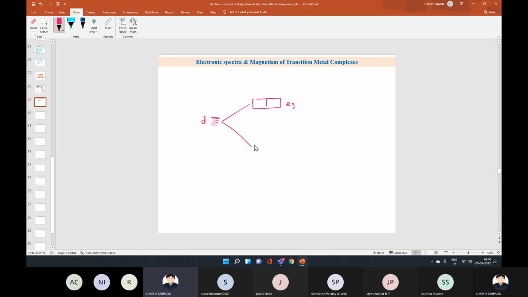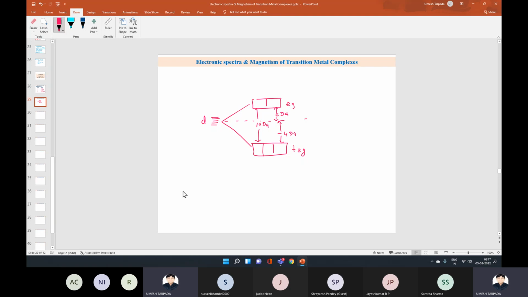So it is split into an EG set and a T2G set, with T2G at lower energy from the barycenter. This difference is 10 Dq, or 1 octahedral splitting. The energy of this orbital increases by 6 Dq, and this one decreases by 4 Dq from the barycenter.